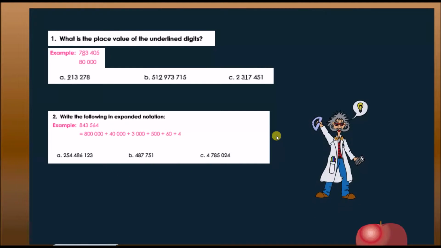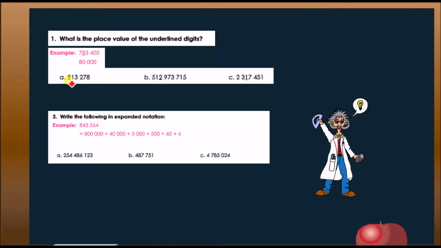Let's do a few examples. In this example, 783,405, the 8 is in the position of the 10,000s, so it will be 80,000. Got it? Right, let's go here.